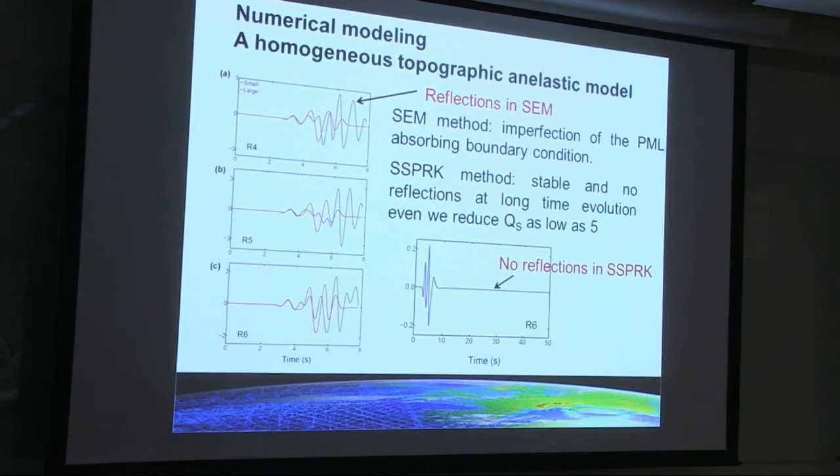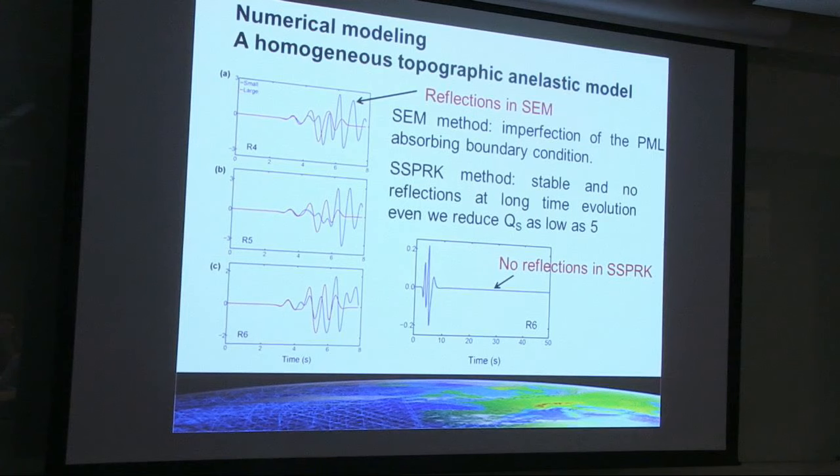We need to mention that the accurate solution provided by the SEM method is calculated in a region that is much larger than that of the SSPRK method. That is because there are reflections in the seismograms provided by SEM in the smaller region, due to the imperfection of the PML absorbing boundary condition.